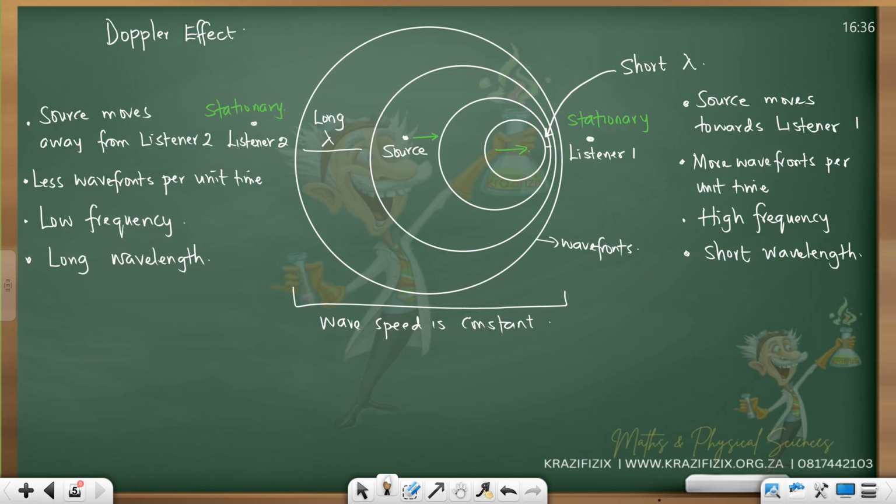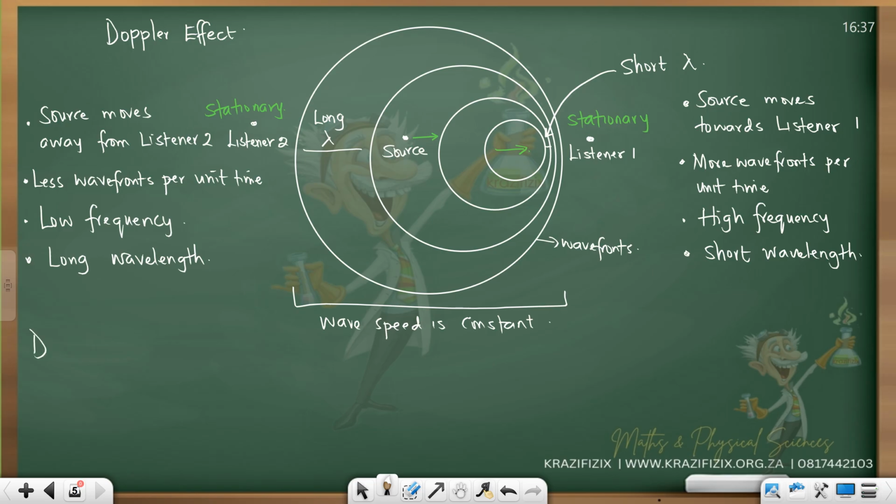No. Echo is the bouncing back of waves. There is nothing reflecting the wave, so there's no echo. The wave is just passing. Good. Echo happens when the sound bounces back. Here we're just talking about frequency, the number of waves.